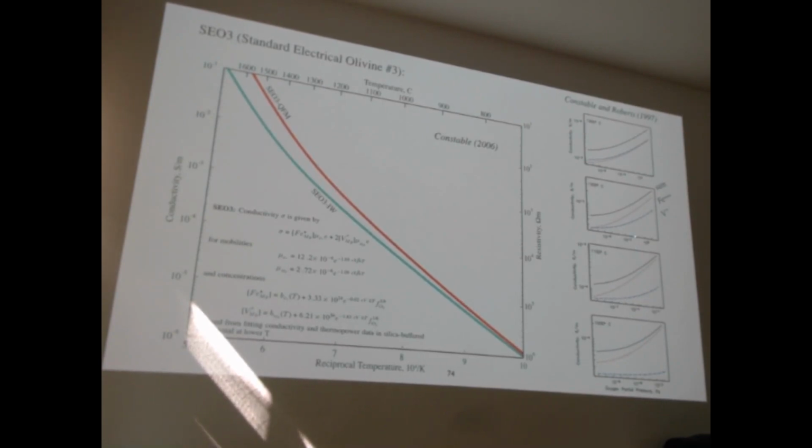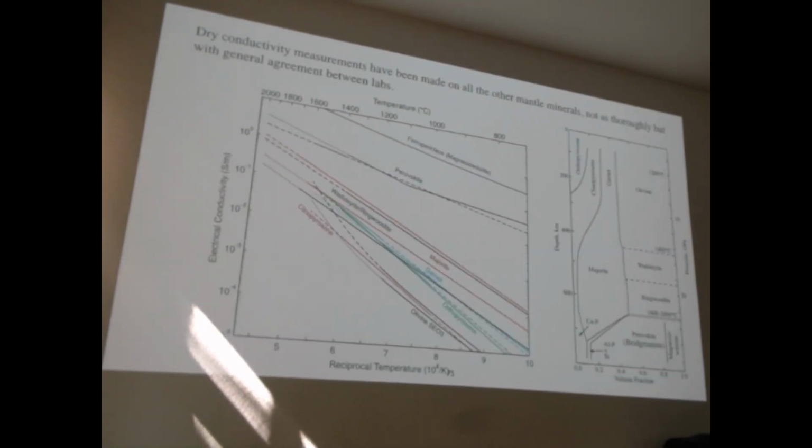As you increase the temperature, the magnesium vacancies go up until at 1300 C they become equally important to the conduction. And so this is a mathematical model of olivine conductivity versus temperature, which is really useful if you're trying to work out what's going on with conductivity at a given temperature.